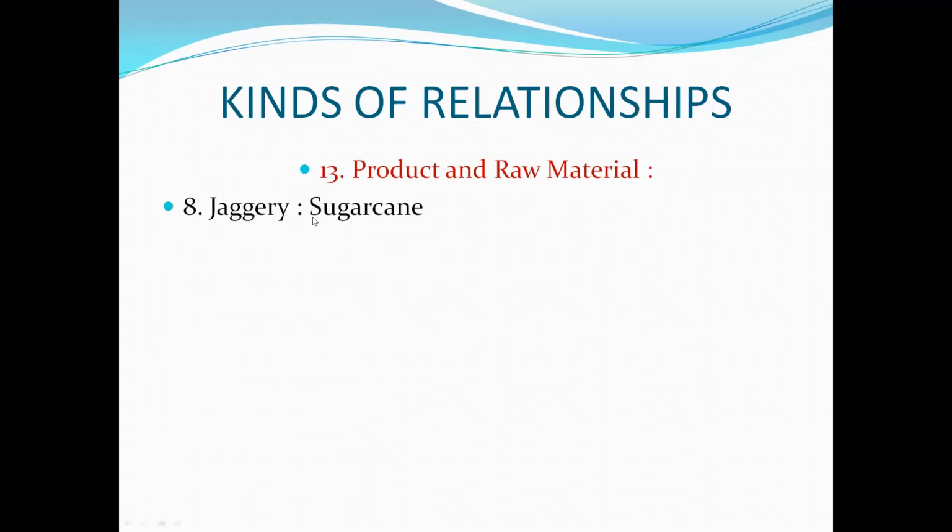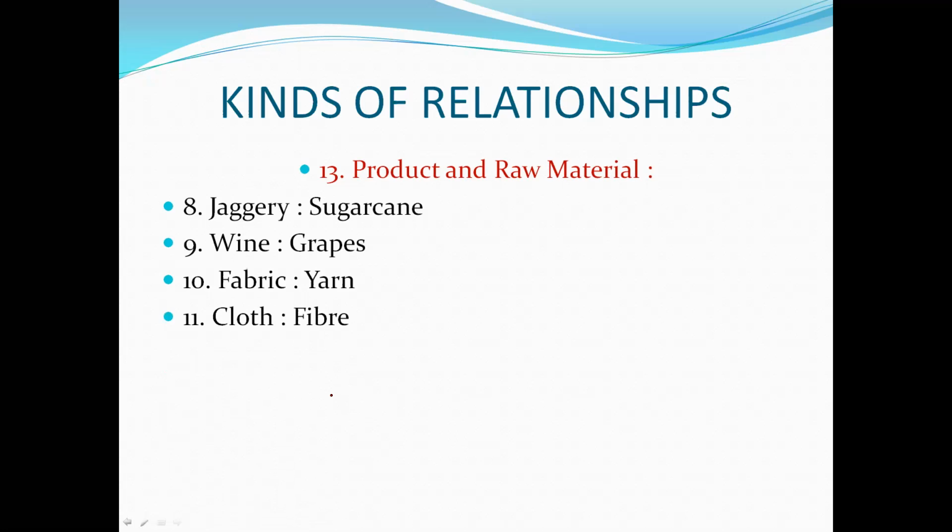Jaggery and sugarcane, and wine and grapes also. So consider what is the raw material and what is made from what. Then fabric is made from yarn, for example from jute. Cloth is made from fiber. From cotton we make fiber, the small threads.